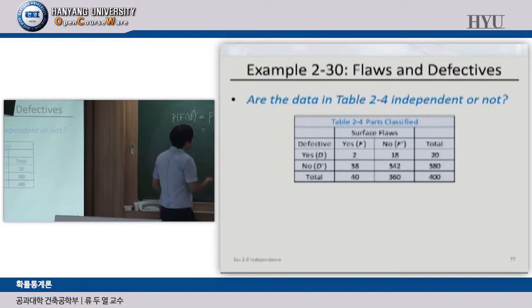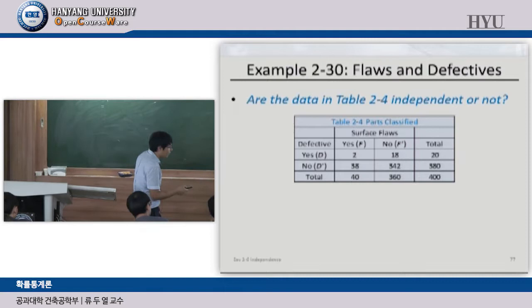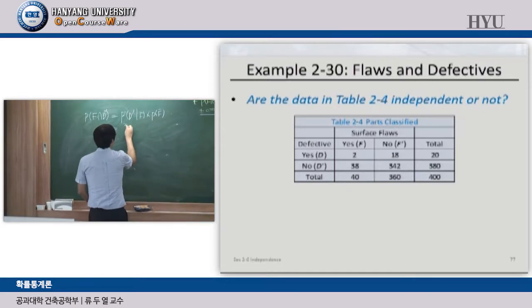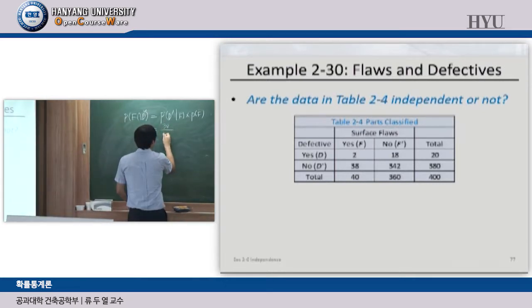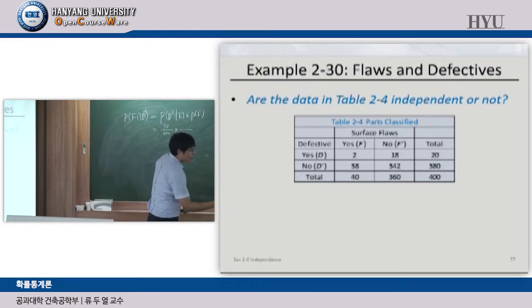And that equals the conditional probability of D prime given F, which is 38 divided by 40, right? So that is 38 divided by 40 multiplied by 40 divided by 400.